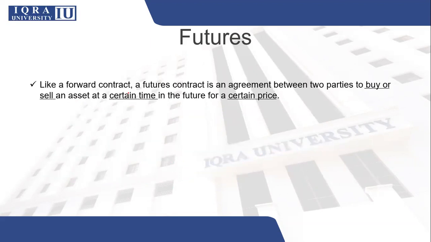Like a forward contract, a futures contract is an agreement between two parties to buy or sell an asset at a certain time in the future for a certain price. So you can see that the contracts are quite similar.